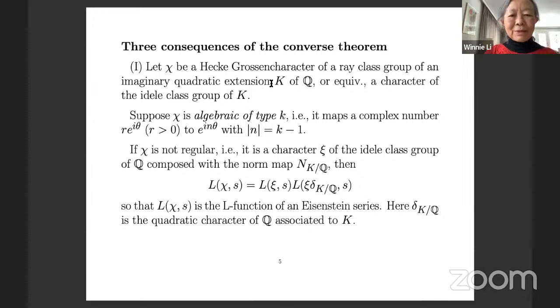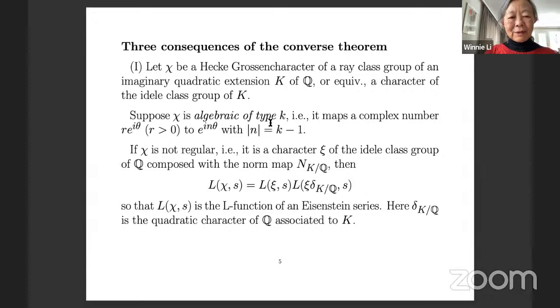Oh no, this is imaginary, so there isn't that. And you can also think about chi as the ideal class character. And we say that chi is algebraic of type K.